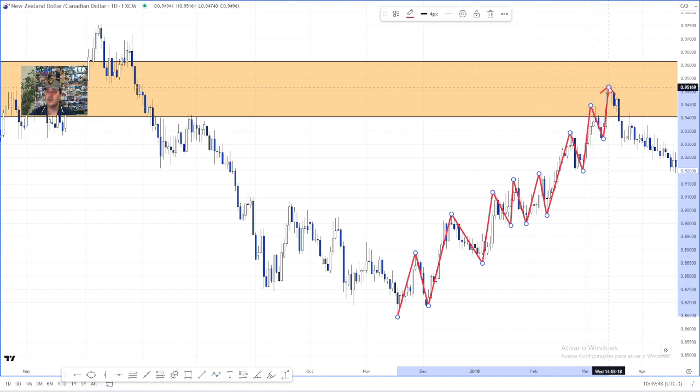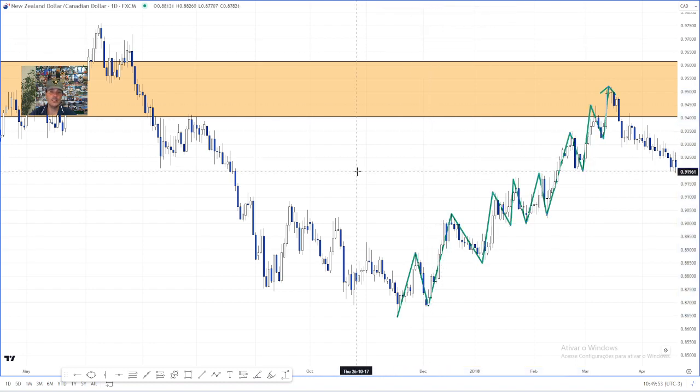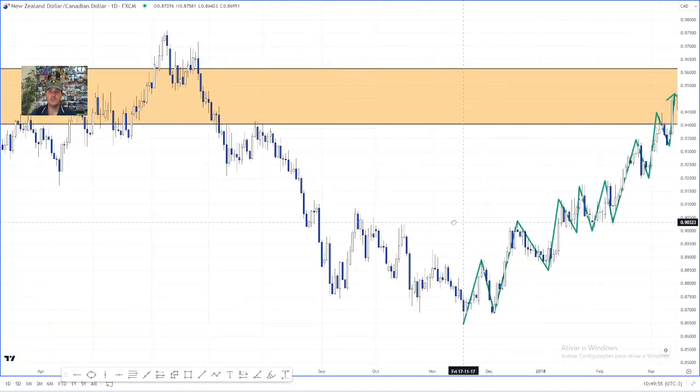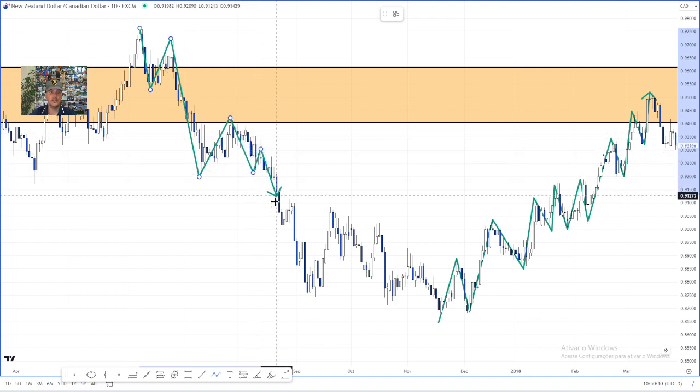Now, do we agree that we just connected an uptrend? It's easier to spot, especially if you're a beginner trader. If I go up to this top and connect high to low, low to high, high to low, low to high, see in here, higher high, higher low.